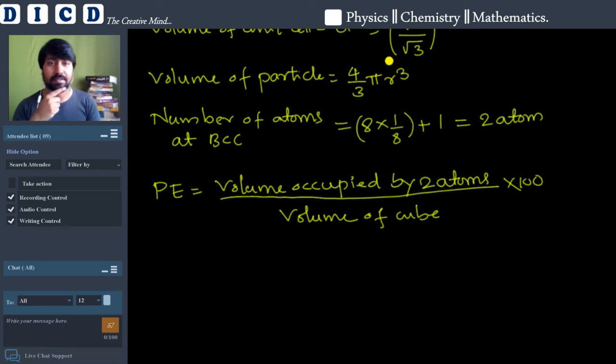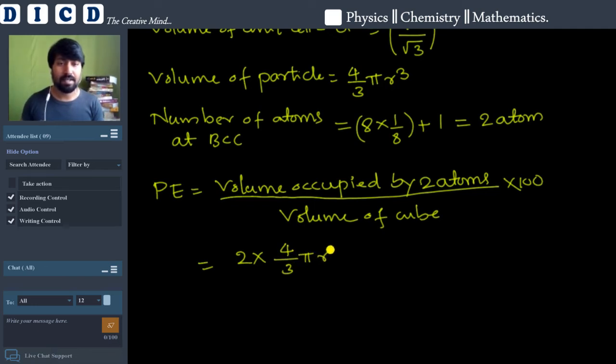Here some terms are taken. First, the volume of the cube occupied by 2 atoms: we have 2 atoms, multiplied by the volume of each particle, that is 4 divided by 3 pi R cube, divided by the volume of the cube, which is given by (4R divided by square root of 3) cube, multiplied by 100.